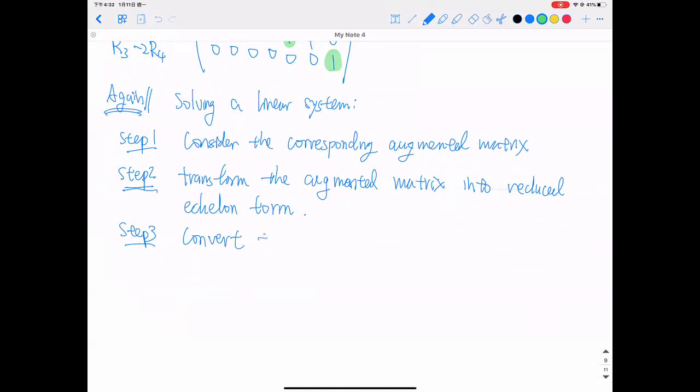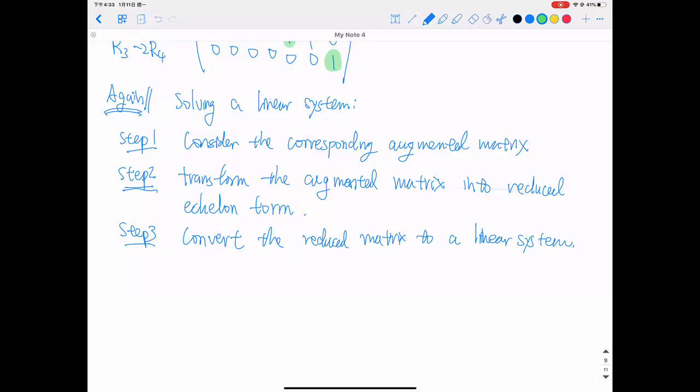So convert the reduced matrix to a linear system.